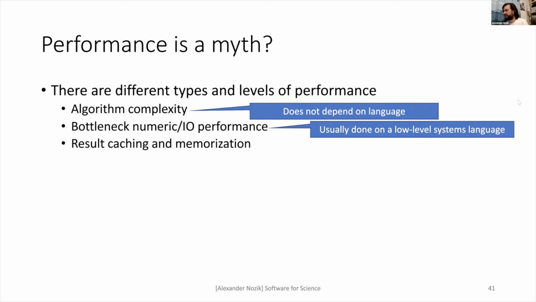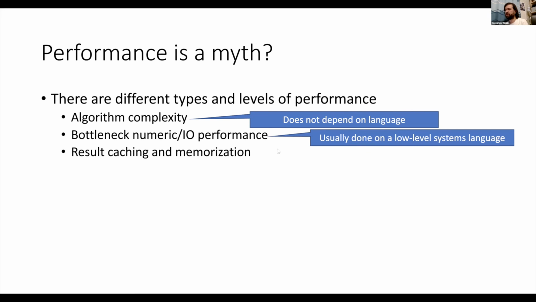Bottlenecks in CPU or IO are usually solved with low-level libraries written, for example, in C, and we can take NumPy as an example. Python is very slow, but if you write all performance critical operations in NumPy, it will be pretty fast.